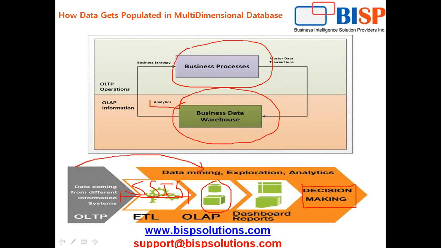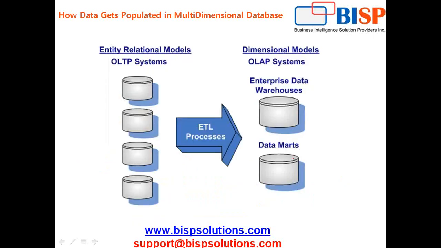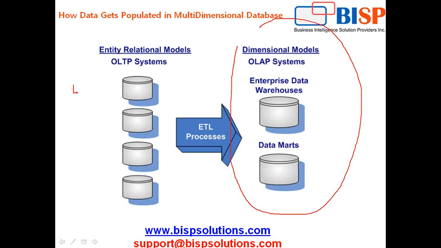So the final step would be data presentation. You also see the same information I present. The source of an OLAP server is essentially an OLTP. You may have multiple disparate OLTP systems, could be your ERP, enterprise resource planning, CRM, customer relationship management, or maybe some legacy product.